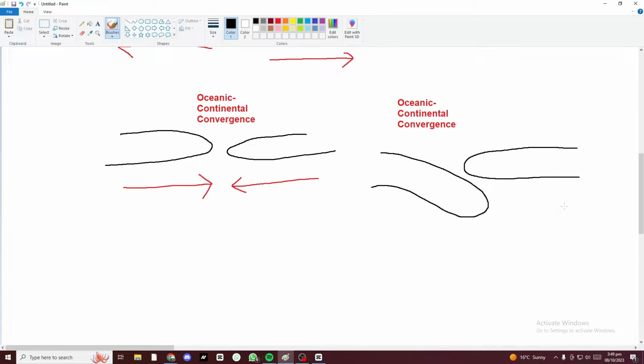This process is called subduction. And this can lead to the formation of deep oceanic trenches, volcanic arcs, and seismic activity, so earthquakes.